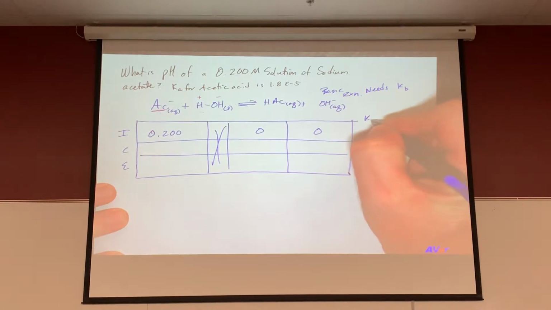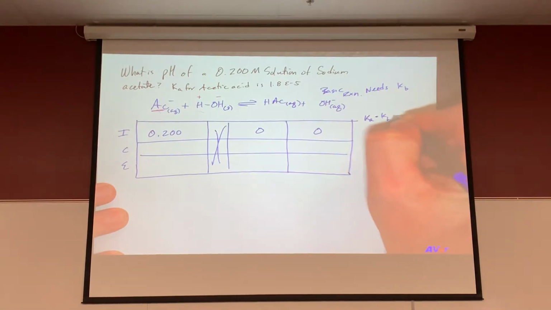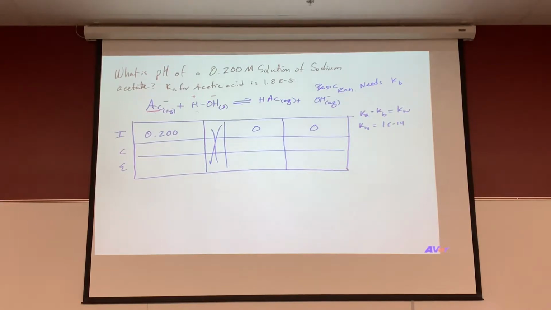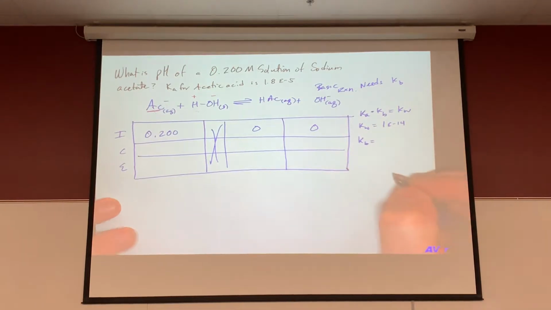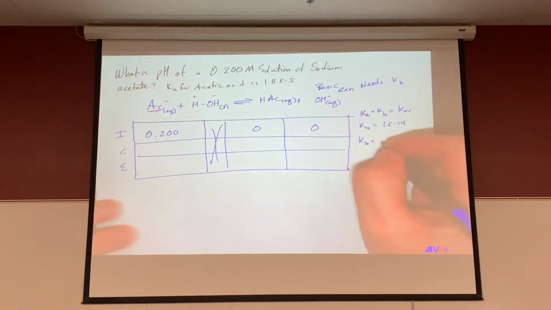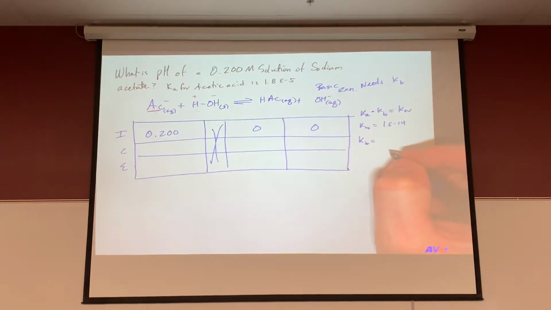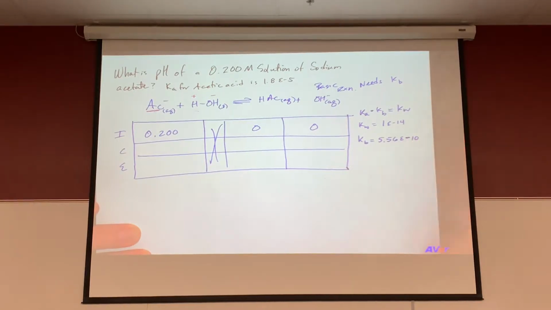Remember, in addition to those other equations, Ka times Kb equals Kw, and Kw equals 1 times 10 to the negative 14. You should get 5.56 times 10 to the negative 10.